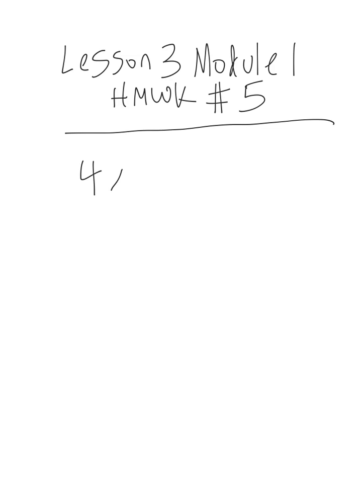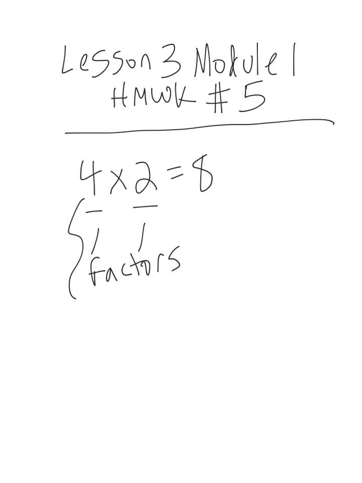So when you have a multiplication problem, these two numbers are called the factors. And this 4 stands for the number of groups, or the number of rows.